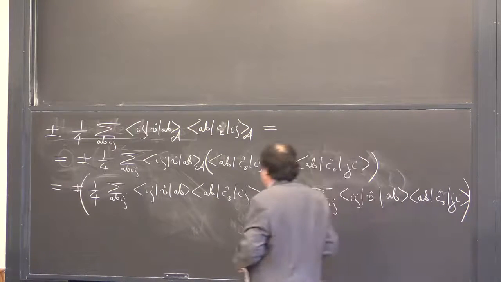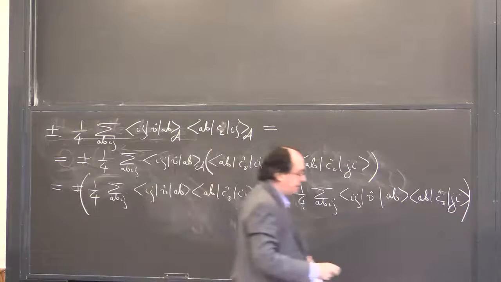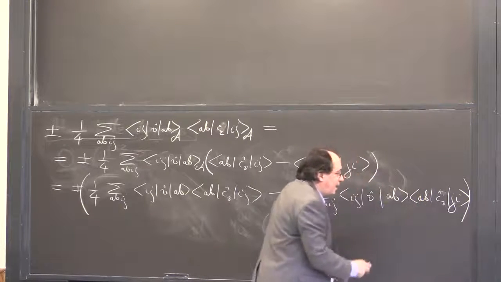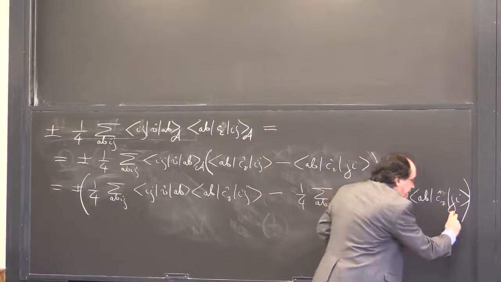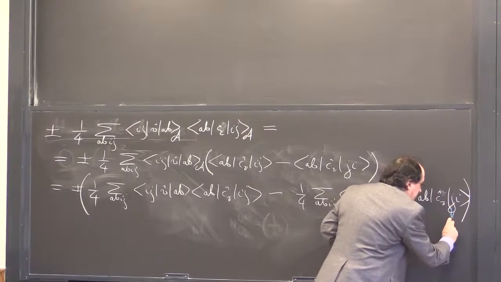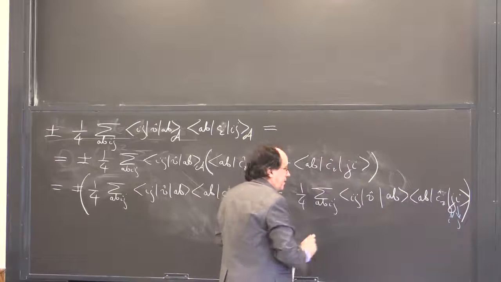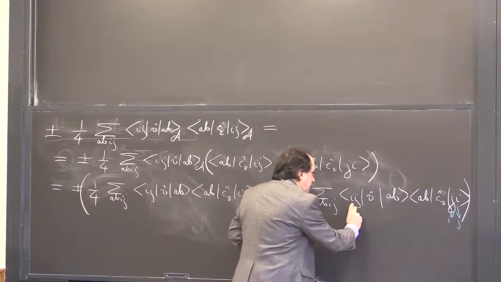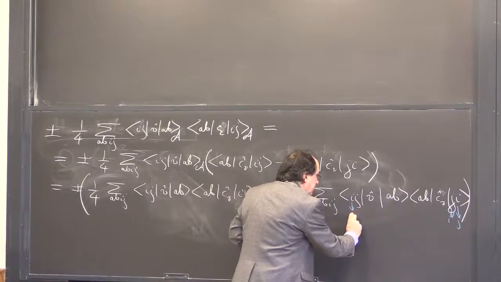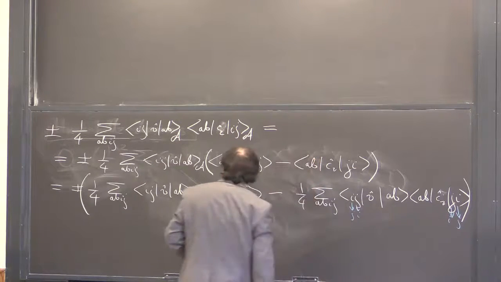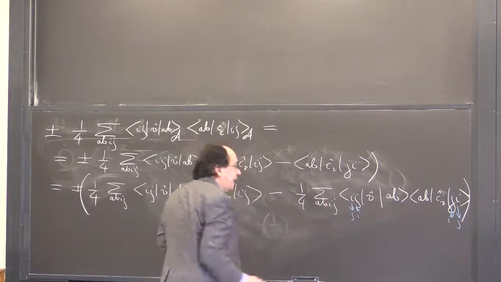And obviously you can see that I can replace j by i and i by j here. It means that you also have to do it here.